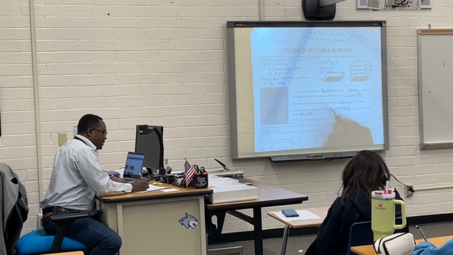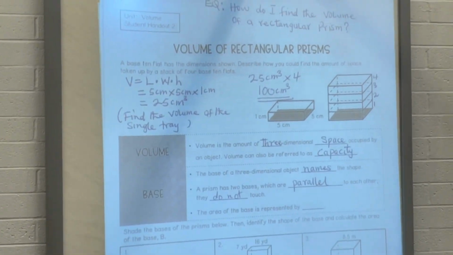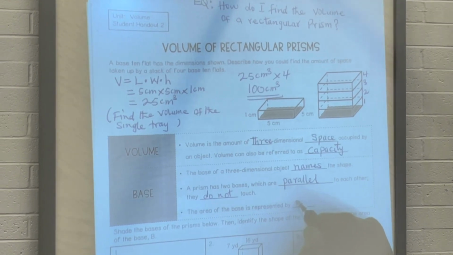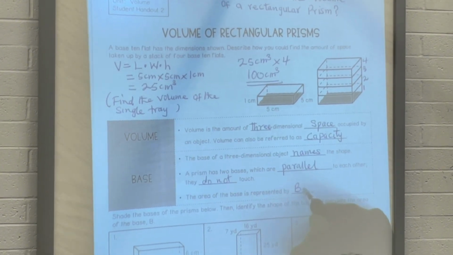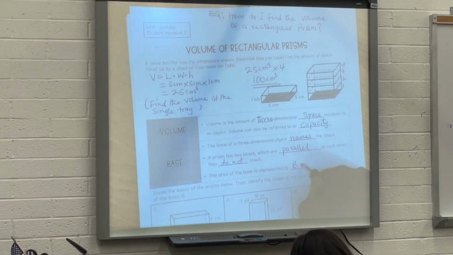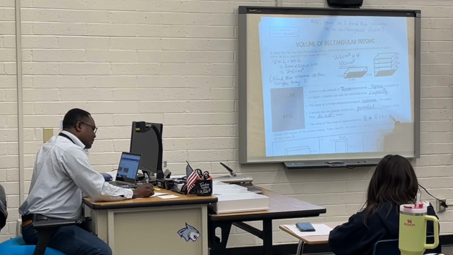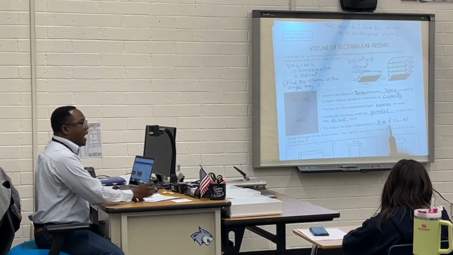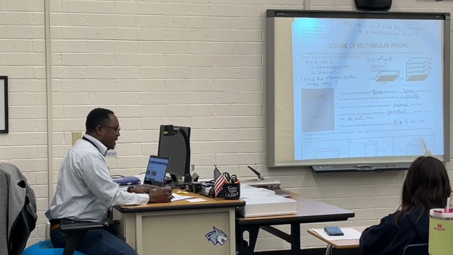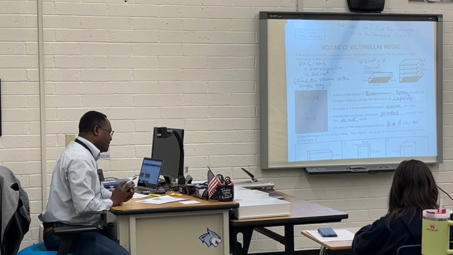Okay, and then the area of the base is represented by B, where the B is what? We know the B to be the length times the width. This B stands for the base area. That will give us the base area.